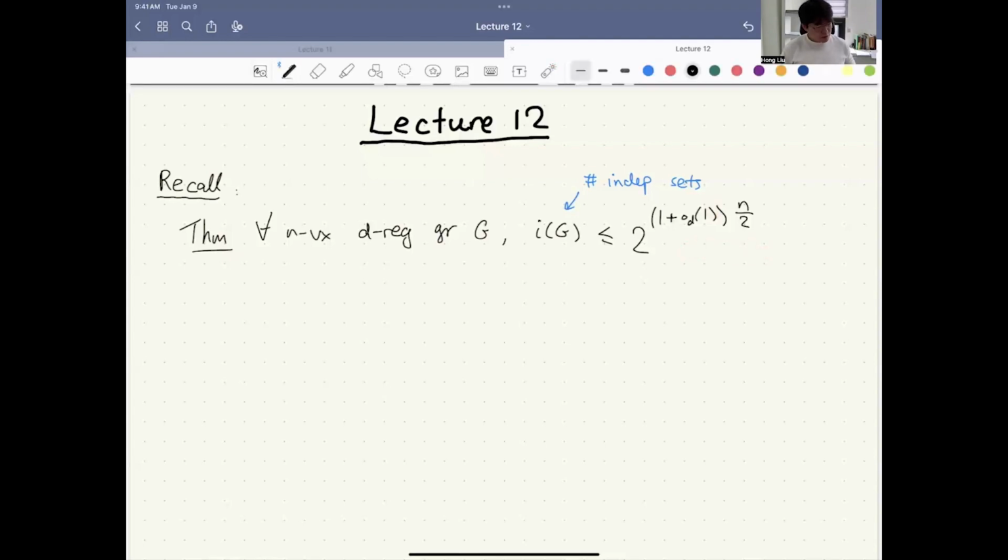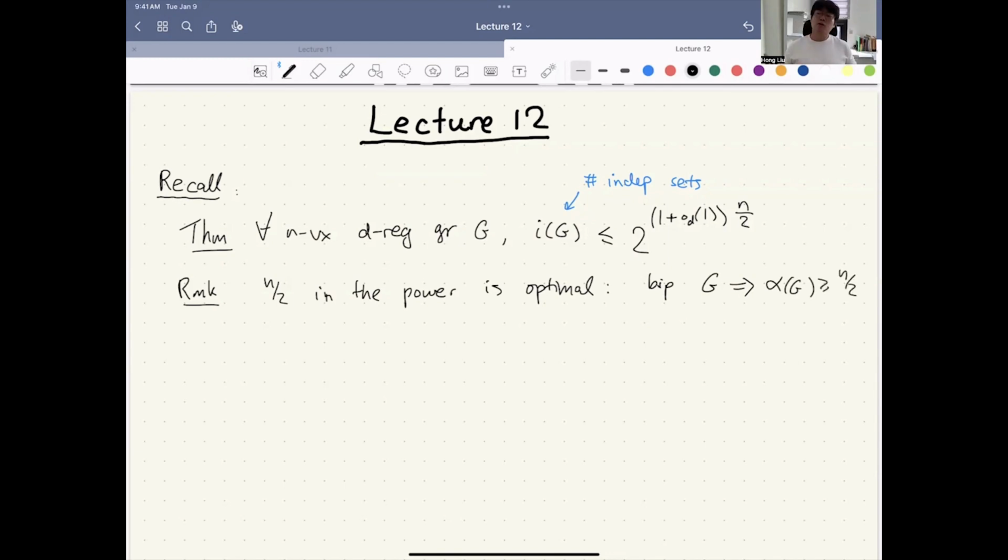Now, this result is optimal, as we remarked before. N over 2 in the power is optimal, as one can consider a bipartite graph G. In this case, the independence number is at least half of the vertices.